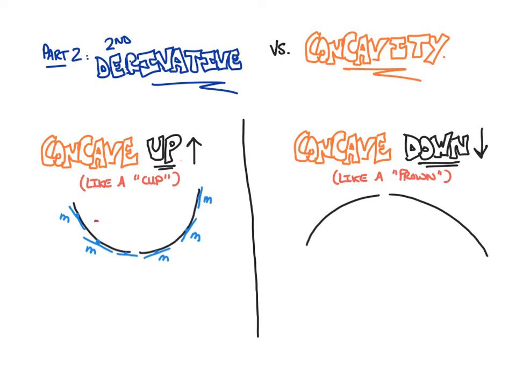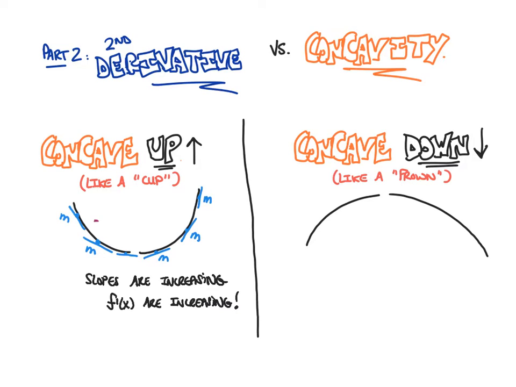Notice that the slopes start off pretty negative. All right, then they start leveling out, and then they start getting positive, and then start getting really big. So my slopes are increasing. Well, that means that your first derivatives are increasing, because the first derivatives tell you about those slopes.